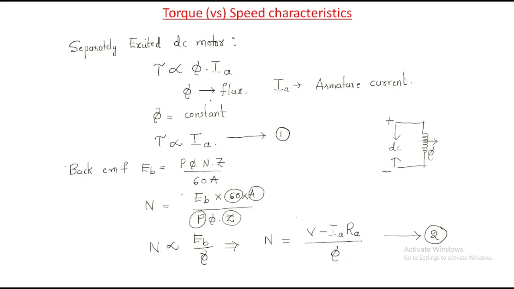Okay, right. Next, the speed control methods of the separately excited DC motor. In order to control the speed, what is the formula for the speed?